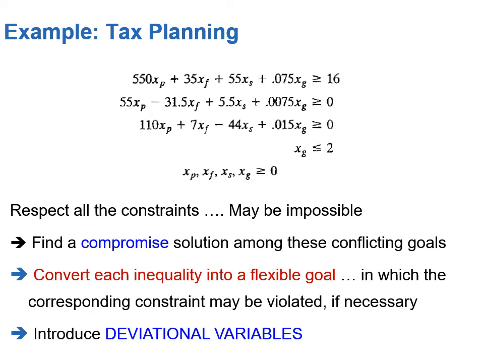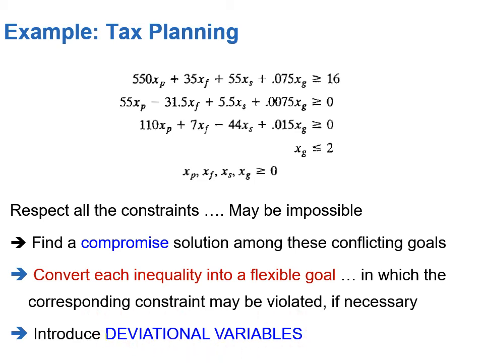With this method, the constraints are allowed to be violated if it is necessary. But I want to keep this violation as minimum as possible. I don't want to violate any one of them, but if I need to, I want to do this in the minimum possible way. And in order to do this in the goal programming approach, we use these so-called deviational variables.